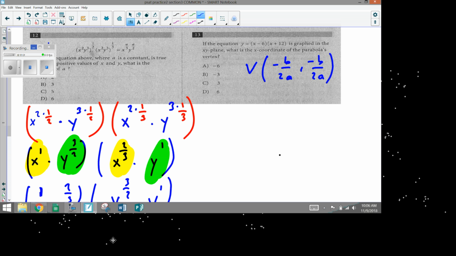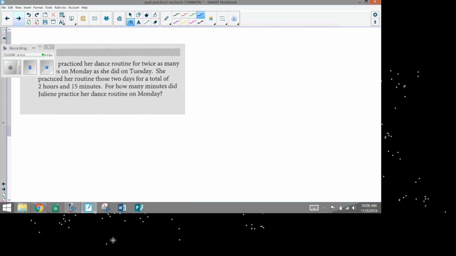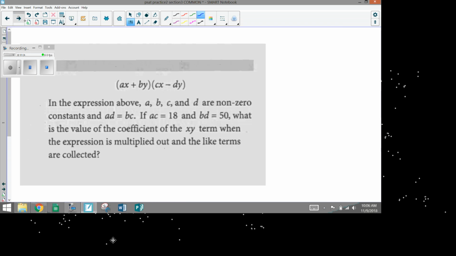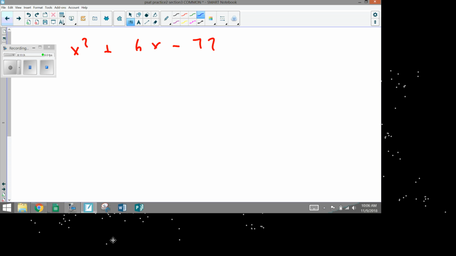Now, this is the standard form, ax squared plus bx plus c. This is the standard form for a parabola, a parabola because the degree is 2.